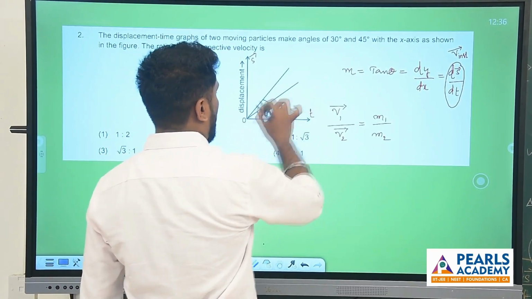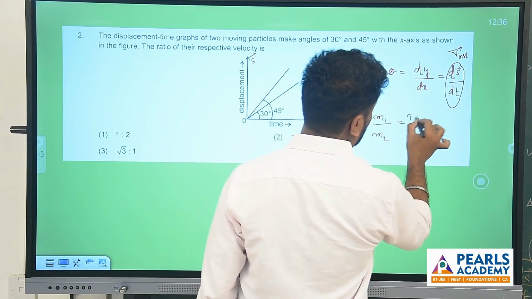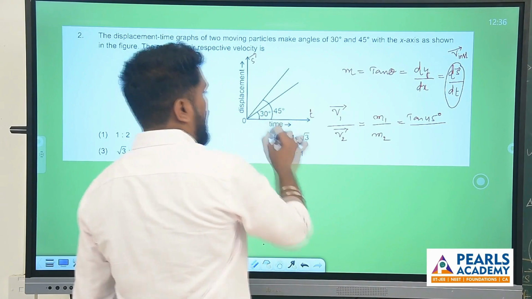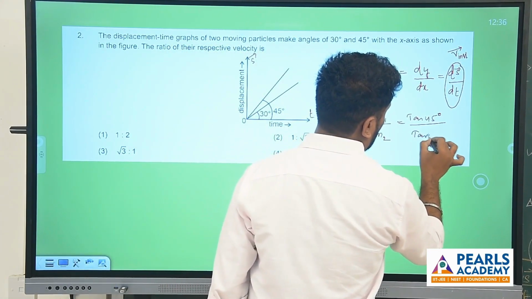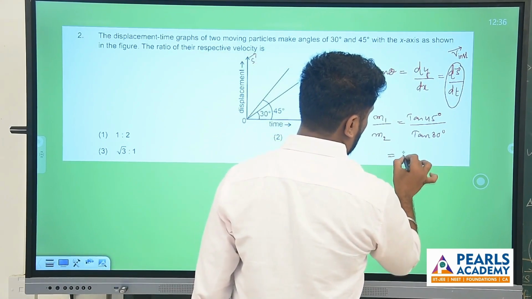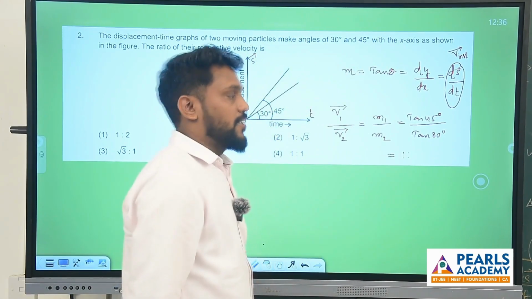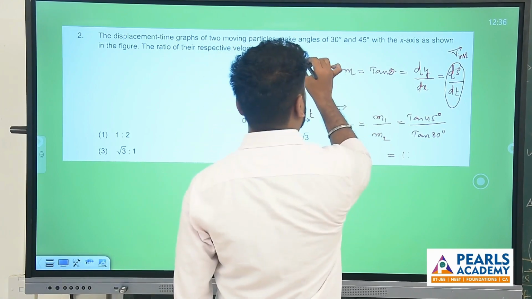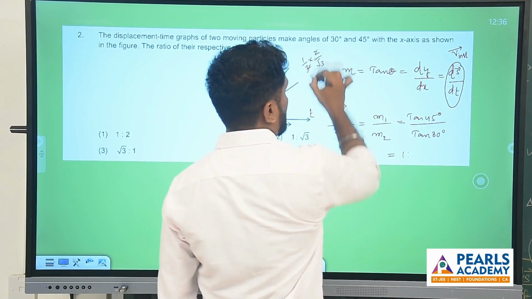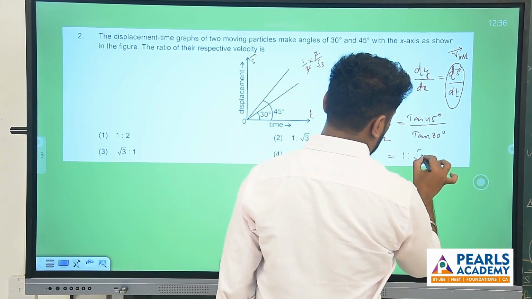For the first graph, I take tan 45, divided by tan 30 for the second one. Tan 45 is 1, and tan 30 you can take as sin 30, which is 1 by 2, divided by cos 30, which is root 3 by 2. From this we can write 1 by root 3, so the ratio is 1 is to 1 by root 3, which is root 3.